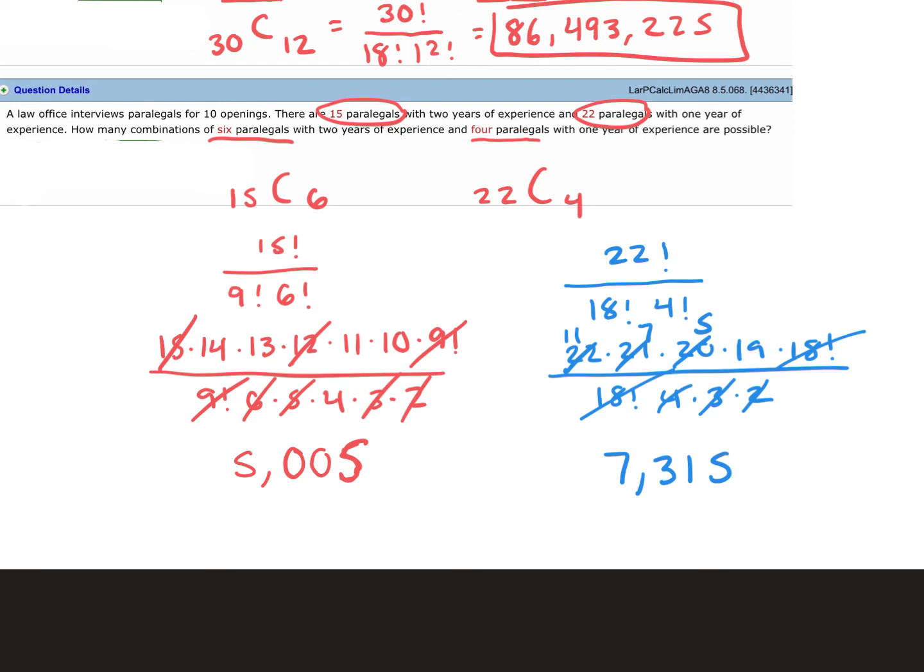What do you think? Do you have any keywords that tell us what to do? What makes you think multiply? Because it says and. So we multiply them. So we get 36,611,575.